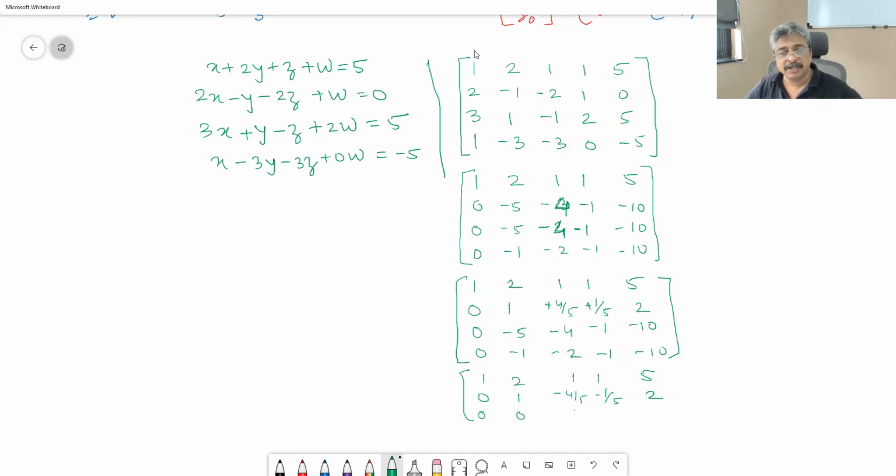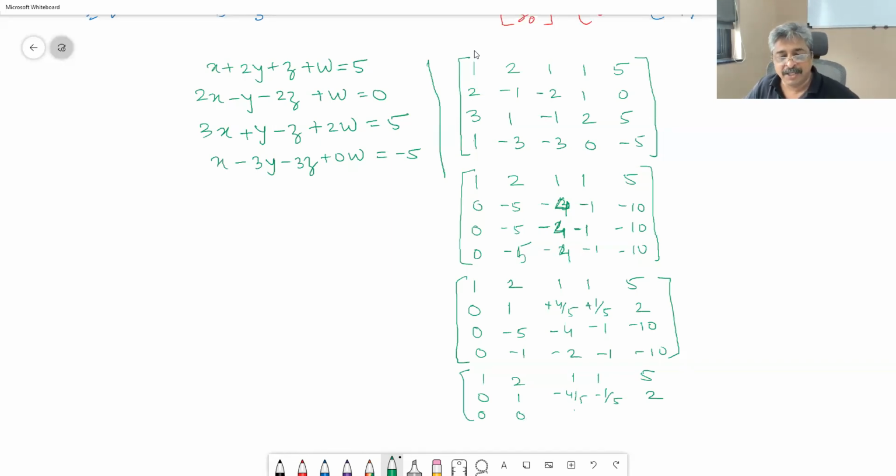In the last row, is there any mistake? In the second step, I am doing third minus first, which is minus 5. Third minus first is minus 4. So the third row is right. Now correct, all 3 rows are same.